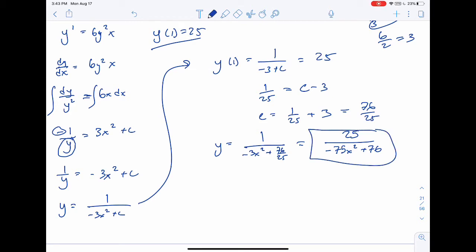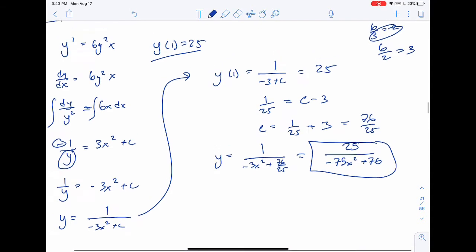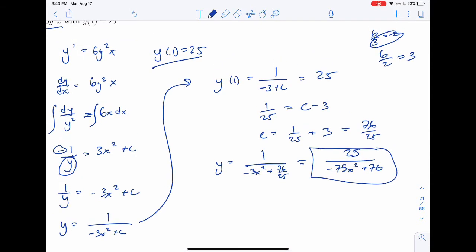Now, what's this interval of validity all about? Notice that this thing right here is a quadratic, and that quadratic we can see is a parabola opening down, shifted up. So I know right off the bat that the denominator has a graph that looks like this.